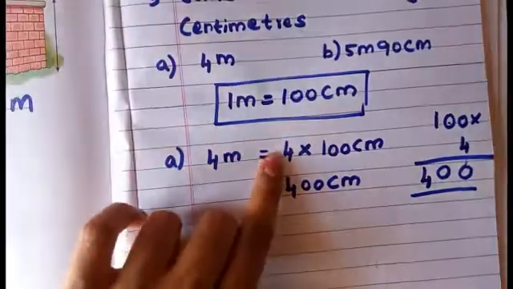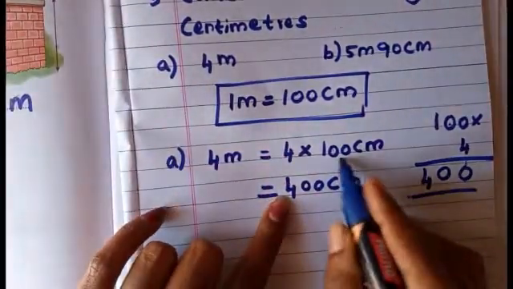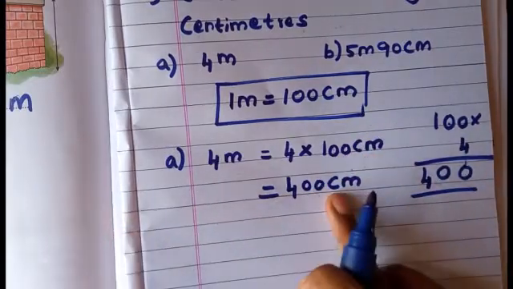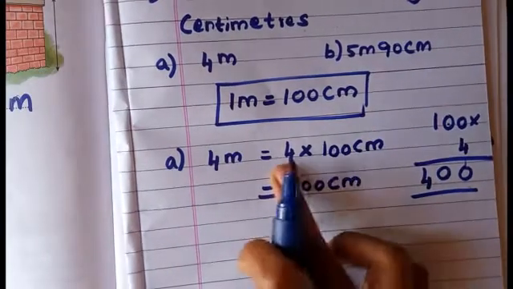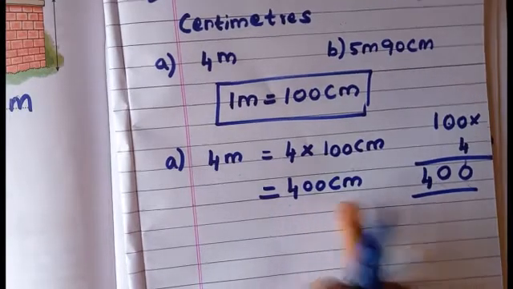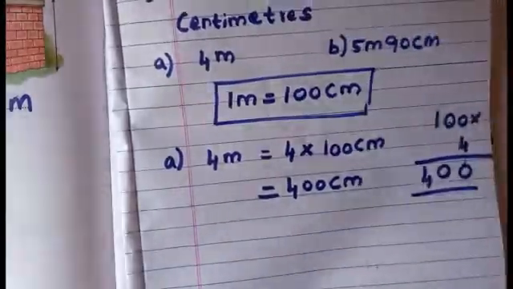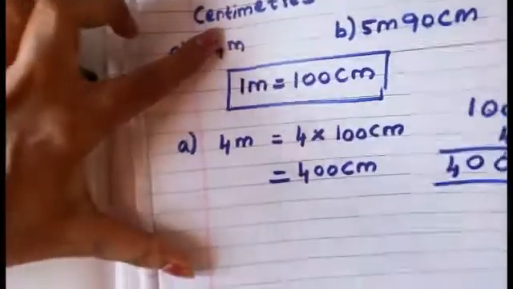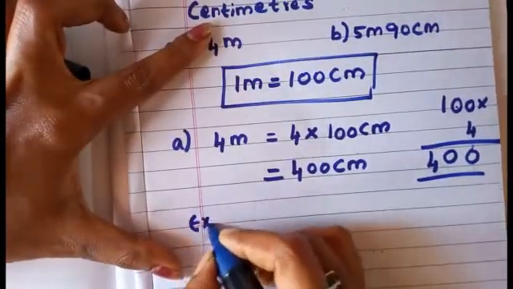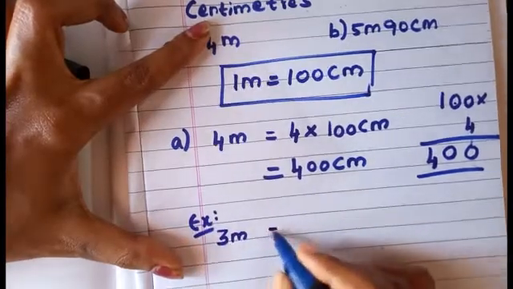Otherwise you have to write this 4 here. Then 20 you have to write. If here 30 means 30 you have to add. Like that you have to do. So 4 into 100 centimeters equal to 400 centimeter. Very easy, right? Yes. For example, once again I am telling, if it is 3 meter, this is example I am telling. So 3 meters equal to what you will do?